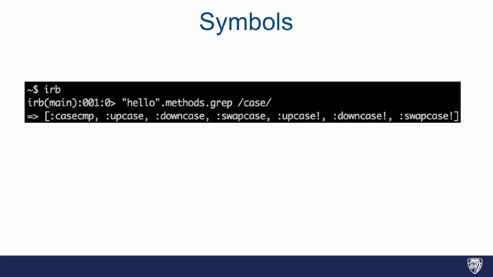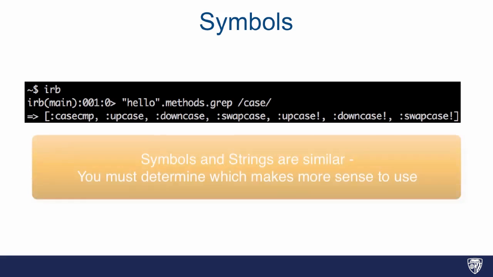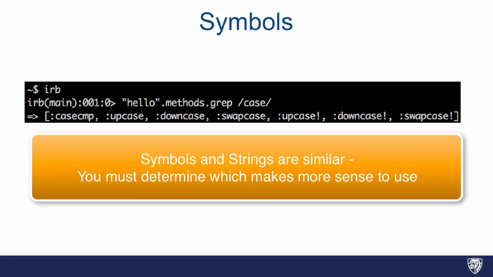Now, if this still doesn't sound convincing, there's definitely a gray line between symbols and strings. A lot of times, you would expect something to be a string and it's a symbol, or vice versa. And actually, it's interesting that in the earlier versions of Ruby, the names of methods were not symbols, they were strings.